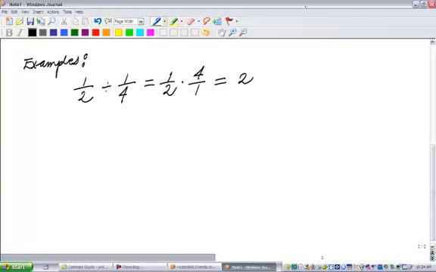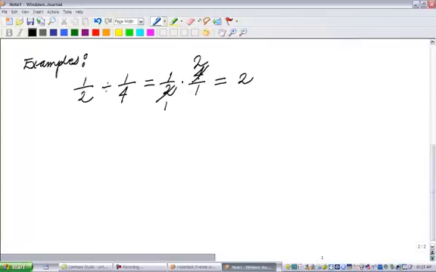So here I have the number half multiplied by 4 divided by 1. Last time we discussed that if I'm multiplying two fractions, I can cancel out common factors of the numerator and the denominator, meaning that I can divide the numerator and the denominator by the same number. If I divide the number 4 by 2, I get 2. And if I divide the number 2 in the denominator by 2, I get 1.